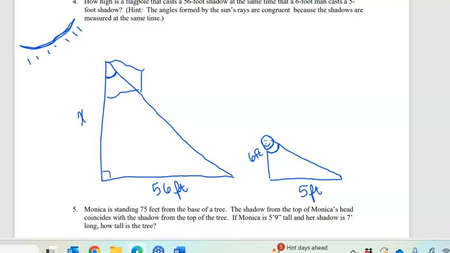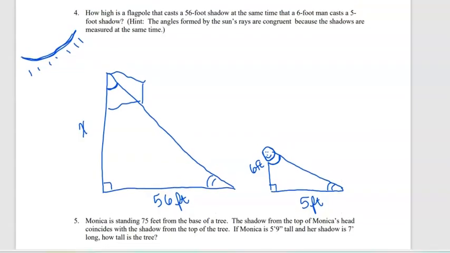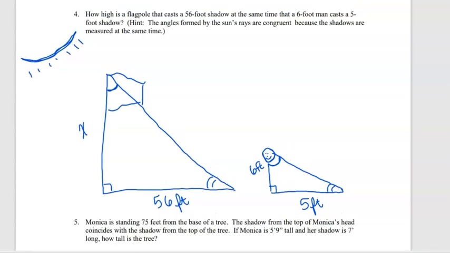This is also going to be considered a right angle in this problem, and also this angle will end up being congruent to this angle because the shadows are created by the sun at the same time. And so these are similar triangles by angle. And because of that, we can use the fact that the sides are proportional in similar triangles to find the unknown measurement, which is, in this problem, the height of the triangle.